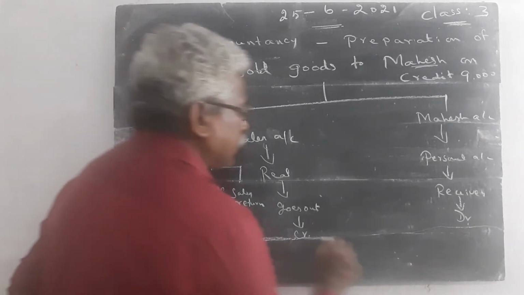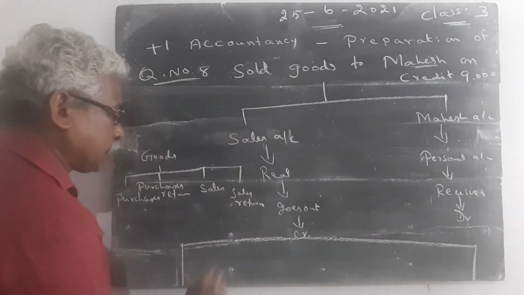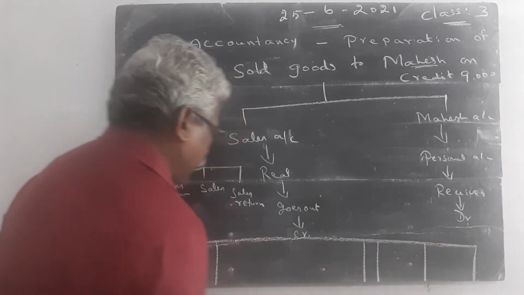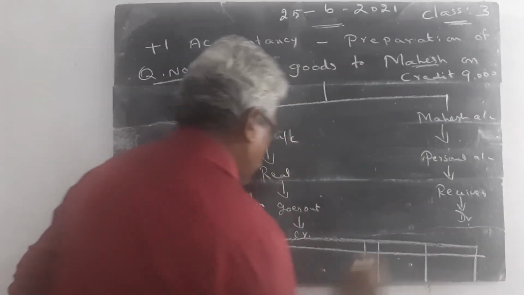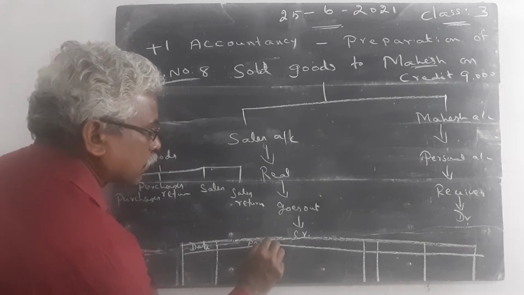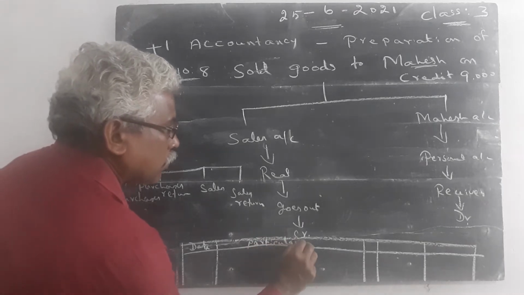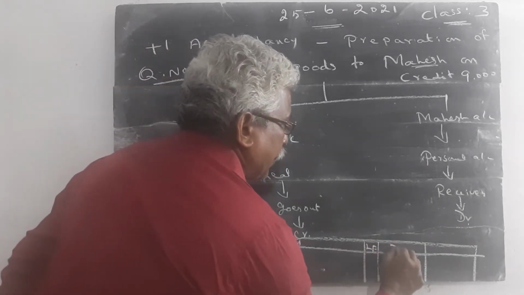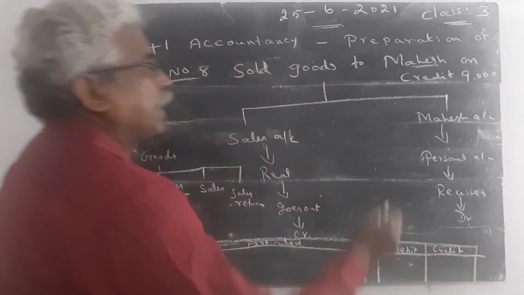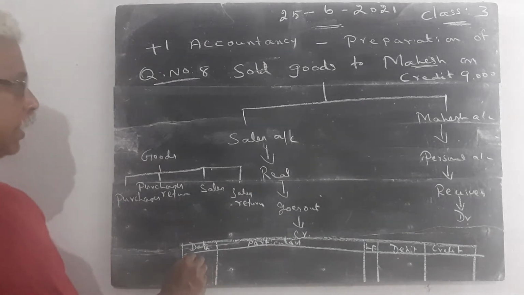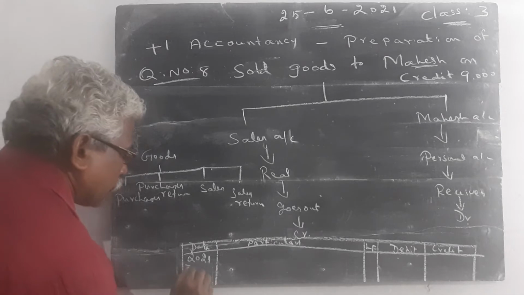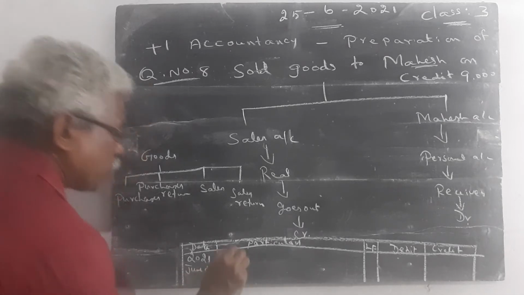Then we write the journal entry. First column date, second column particulars, ledger folio, debit, credit. First write the debit aspect. Here we write the date, 2021 June 25.